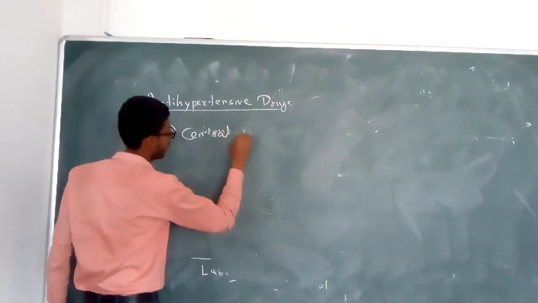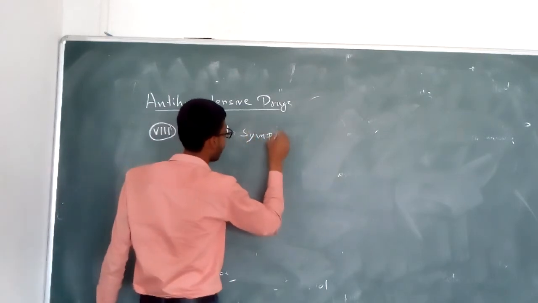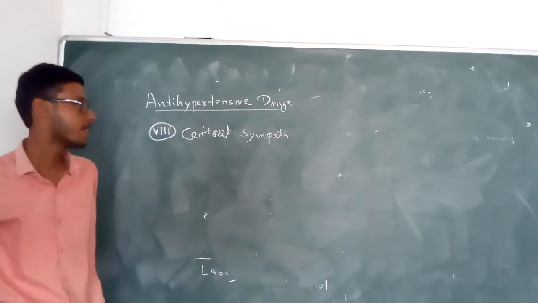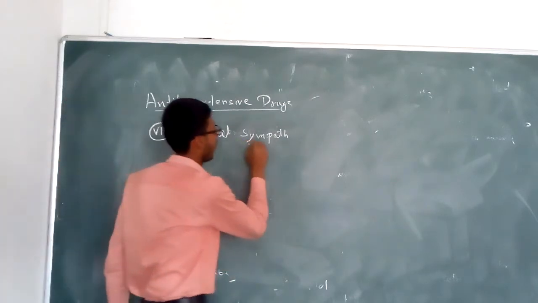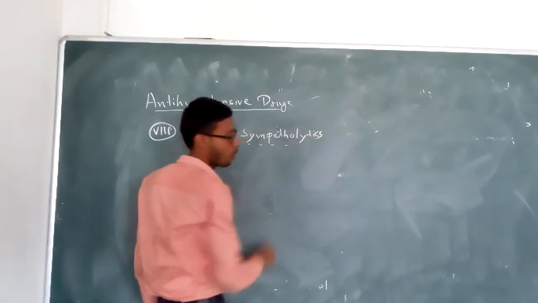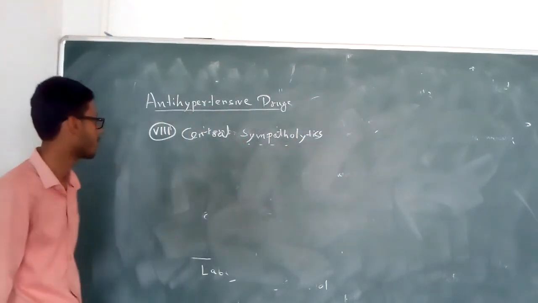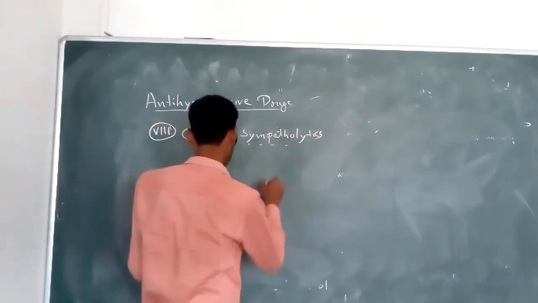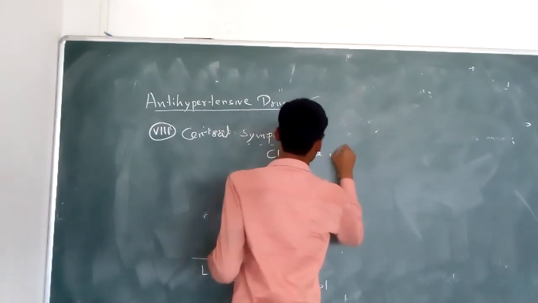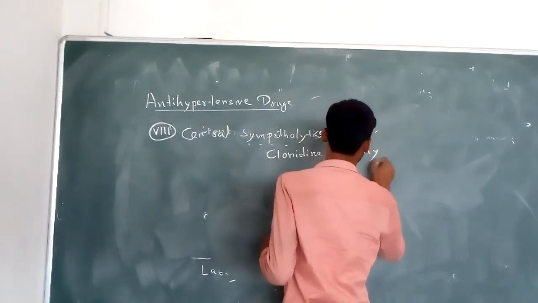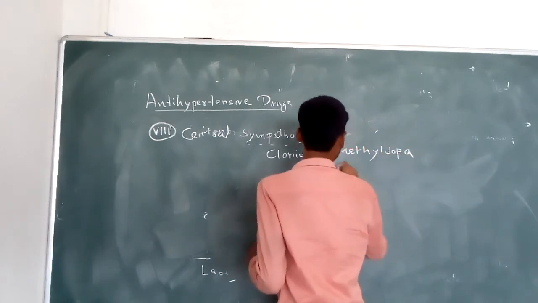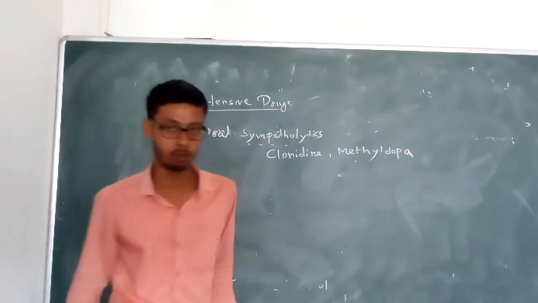The term sympatholytic represents an action which opposes the sympathetic system, that is, it opposes the action of noradrenaline and adrenaline. The examples of central sympatholytics are clonidine and methyldopa, which is also known as alpha methyldopa.